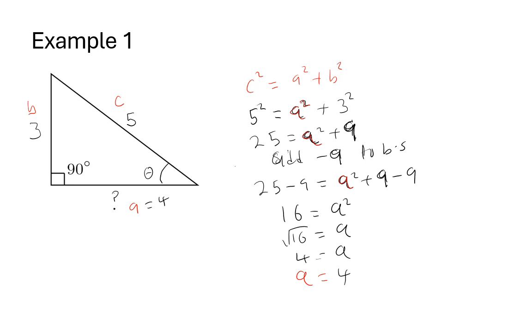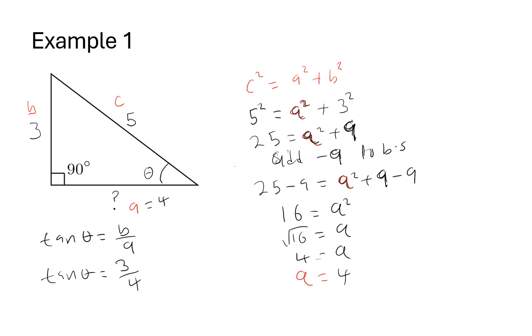Then since we want to find this angle, we can remember tan theta is equal to, sorry, in this case B over A, not A over B, because it's opposite over adjacent. So this is B over A using SOHCAHTOA. Then tan theta is equal to B which is 3 over A which is 4.